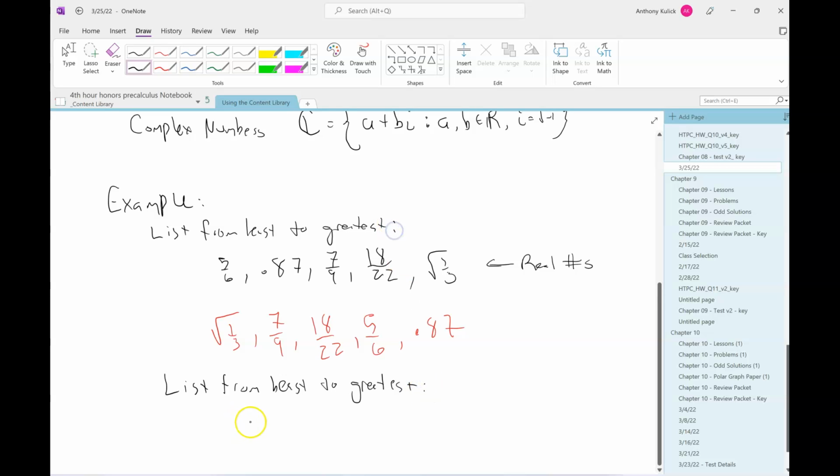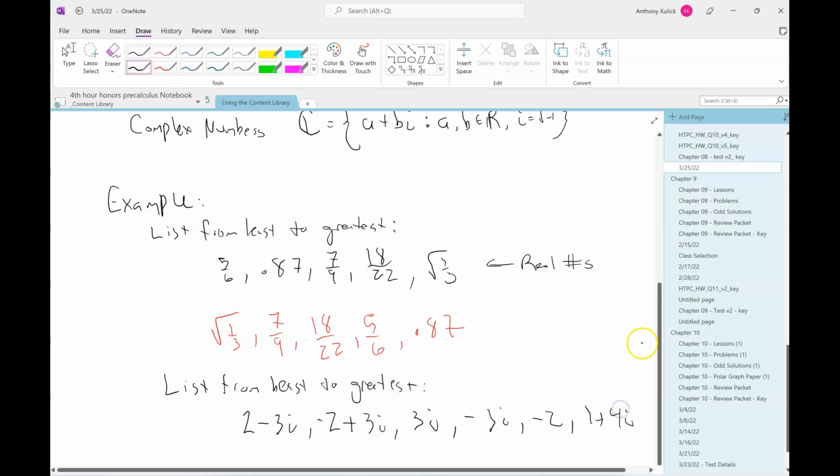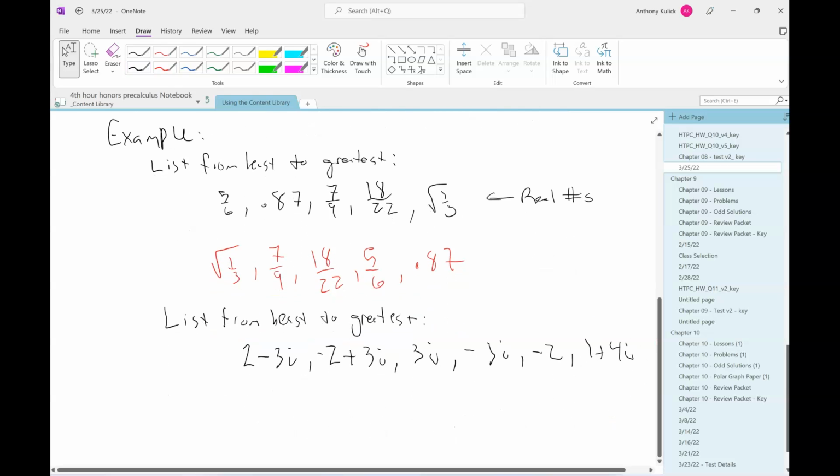What if we asked you to do the same thing with complex numbers? What if I give you a bunch of complex numbers and I ask you to order them from least to greatest?